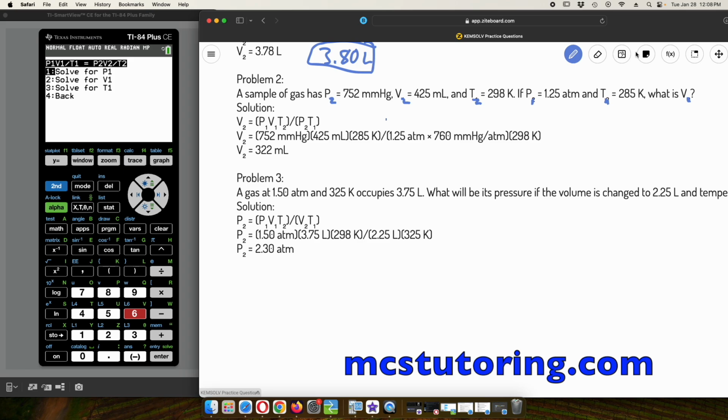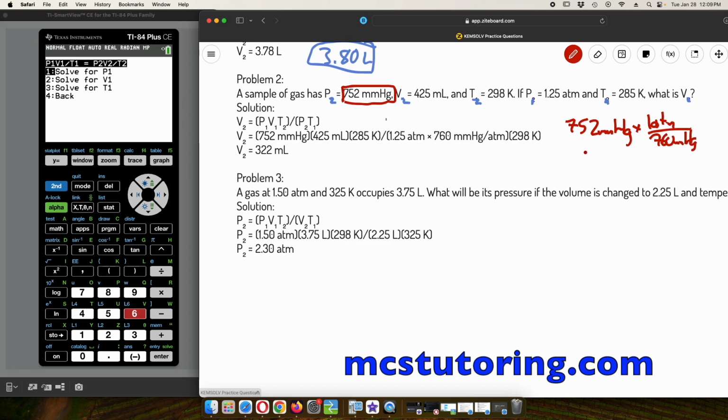Now, it's a little nasty because this is something you do want to be aware of. We probably want to go to ATMs here. So we're going to convert this unit, 752 millimeters mercury, to ATMs. So it's going to be 752 millimeters mercury times 1 ATM over 760 millimeters mercury.